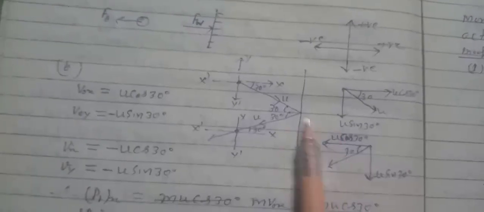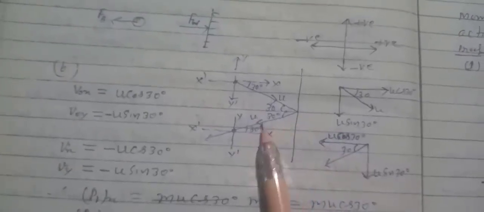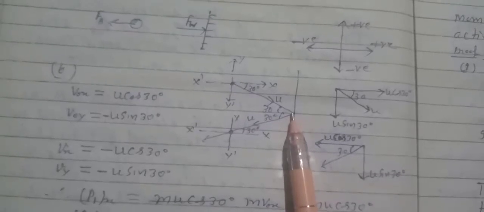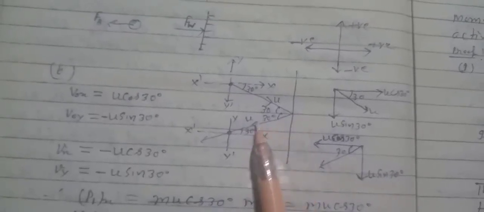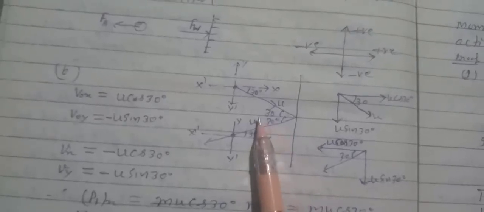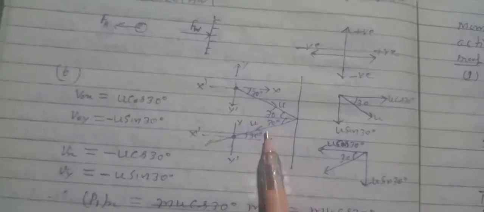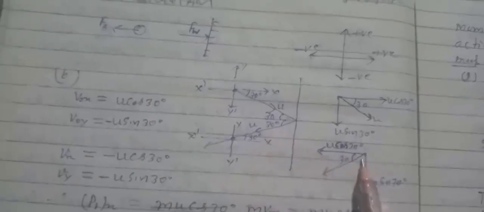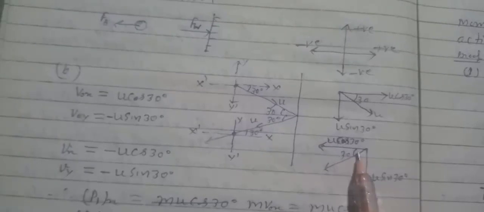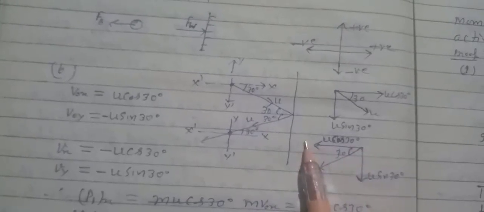Again the final situation is shown here, that is, after striking the wall the rebound velocity is shown here, and this makes 30 degrees with the x-axis.